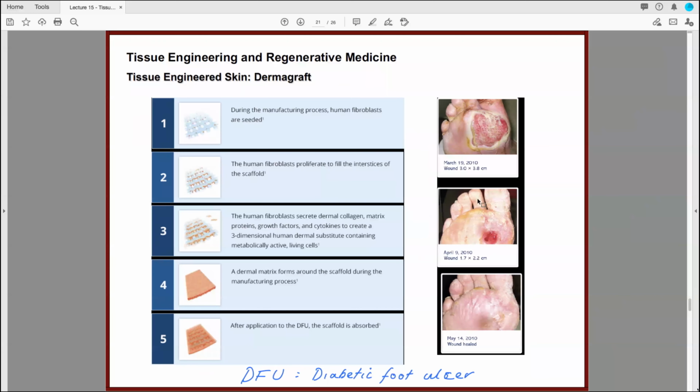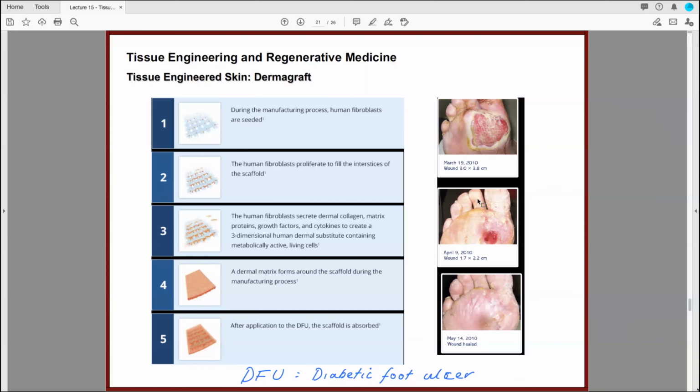So one example is tissue engineered skin, or Dermagraft. The pictures here are from a diabetic foot ulcer. During the manufacturing process, they seed their scaffold with human fibroblasts, which will help the regeneration of the extracellular matrix.